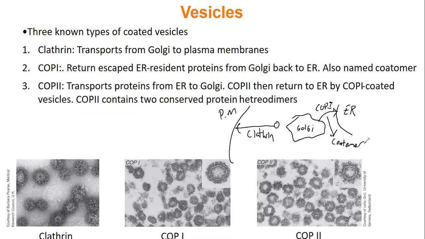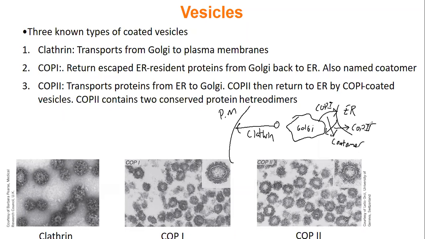And what COP2 does, COP2 will go the reverse direction. That's why they're named like that. So COP2 will take proteins from the ER into the Golgi. And since COP2 is going that direction, they need to return back to the ER.